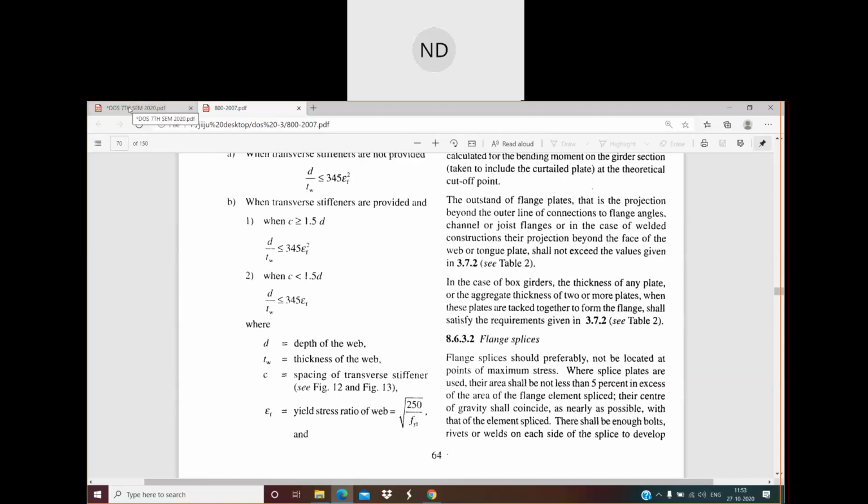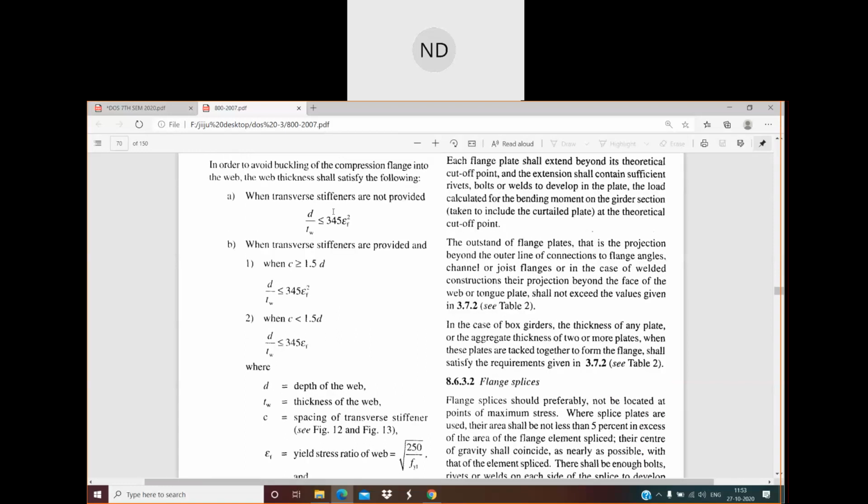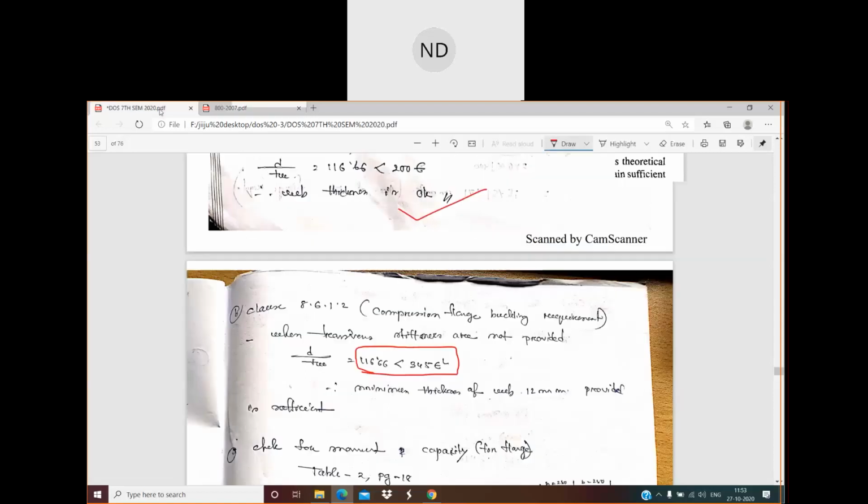So that means this d by tw should be less than or equal to 345 epsilon square. Epsilon square is nothing but 1 here. So d by tw should be less than 345. Yes, it is less than 345. Therefore the minimum thickness of the web, 12 provided, is sufficient.